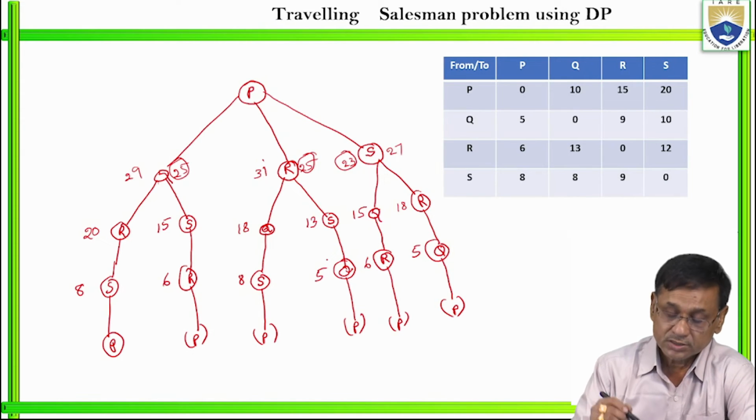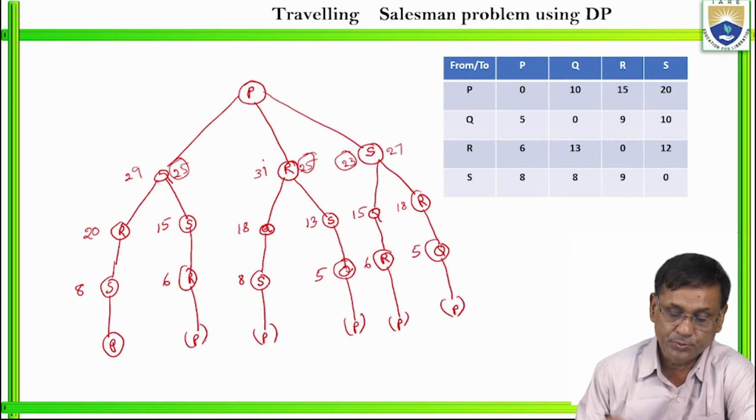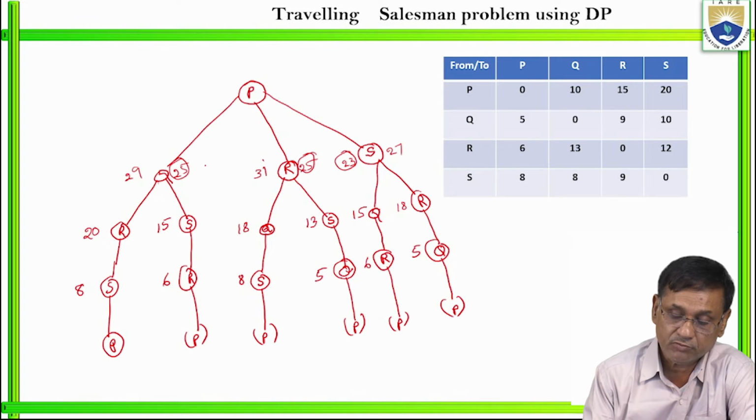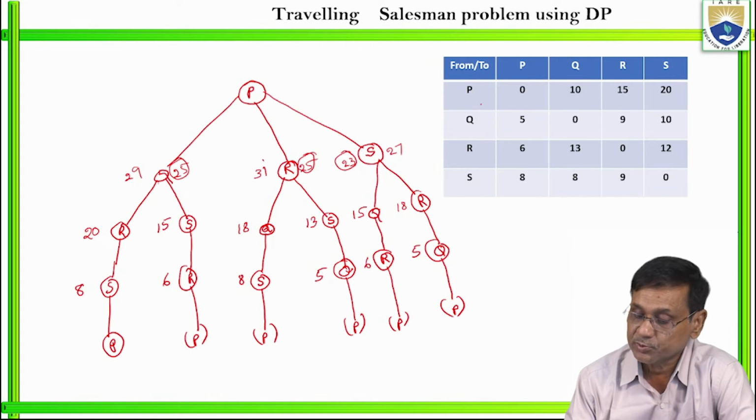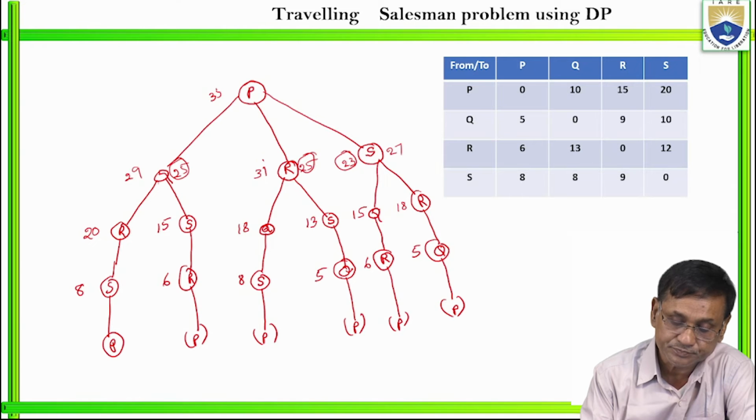Next, suppose the salesman goes from P to Q, Q to R, R to S, S to P, or P to Q, Q to S, S to R, R to P. In that case, what is the cost corresponding to P to Q? P to Q is 35.